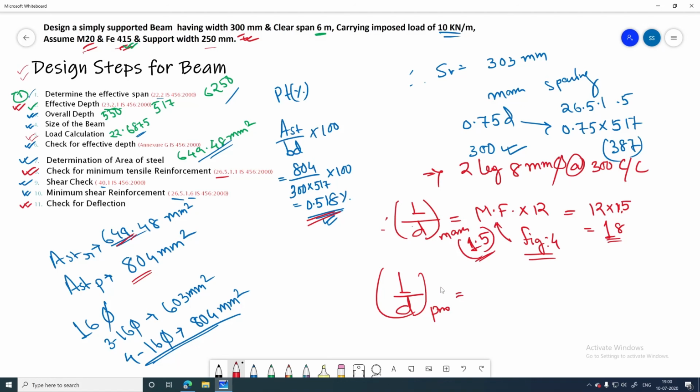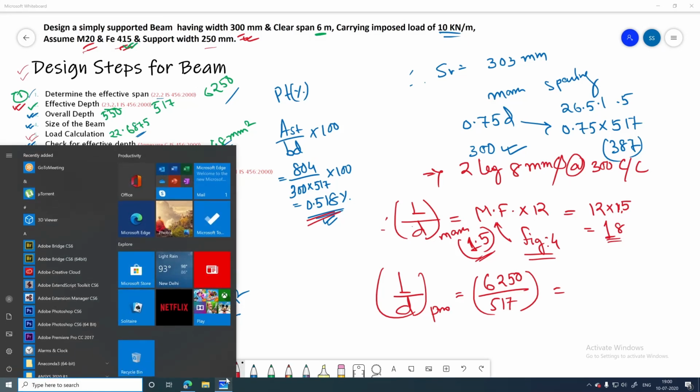So what is our L that we provided? That is 6250, and the d that we have provided is 517. So it should be less than 18. So this is the final one. Let's solve it in front of you.